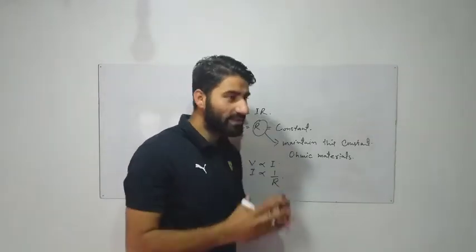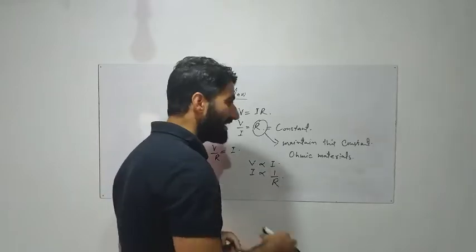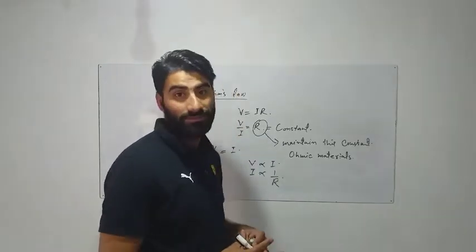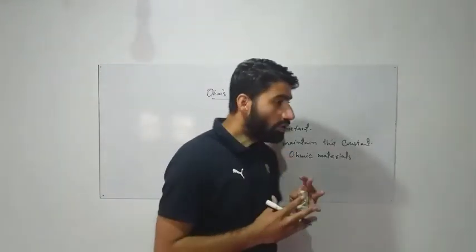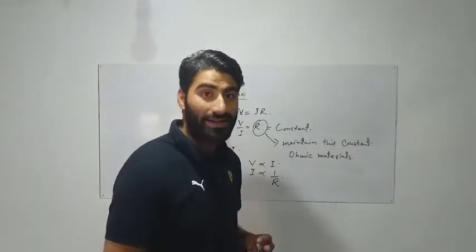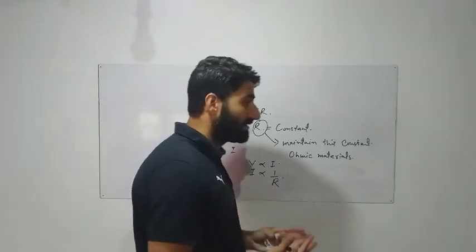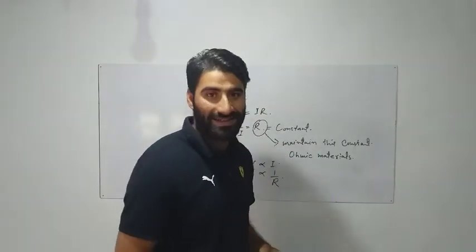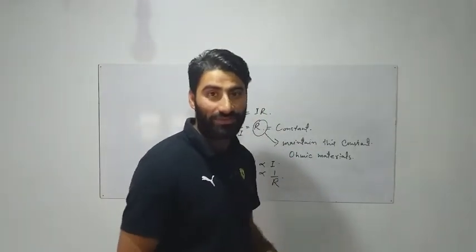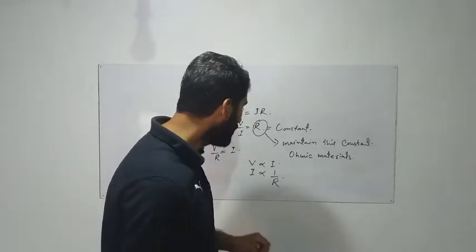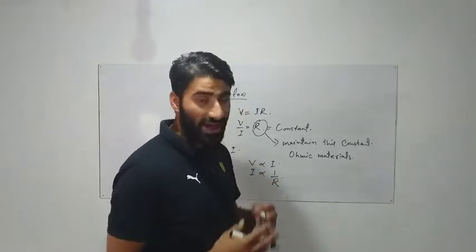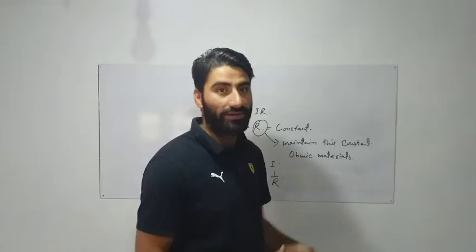That means with increase in potential difference, there is increase in electric current as well. And also with increase in resistance of a conductor, we'll find our current decreases at the same rate.